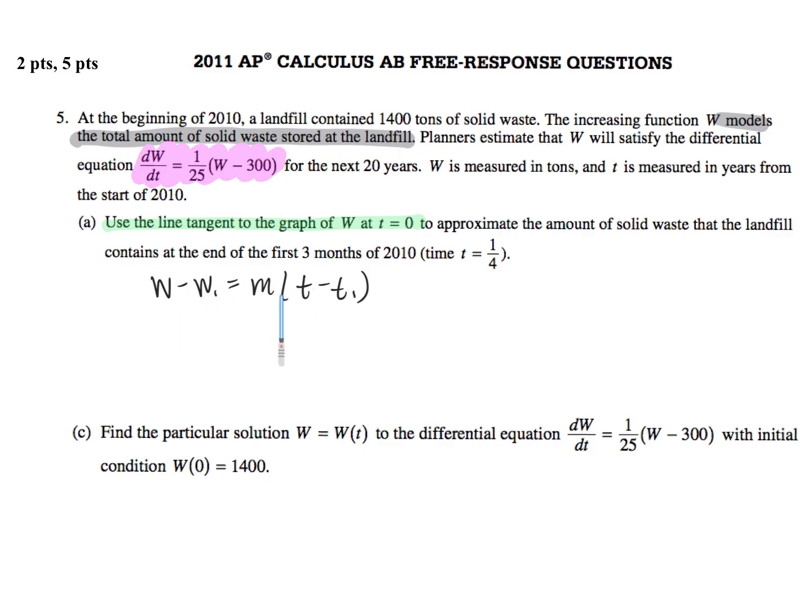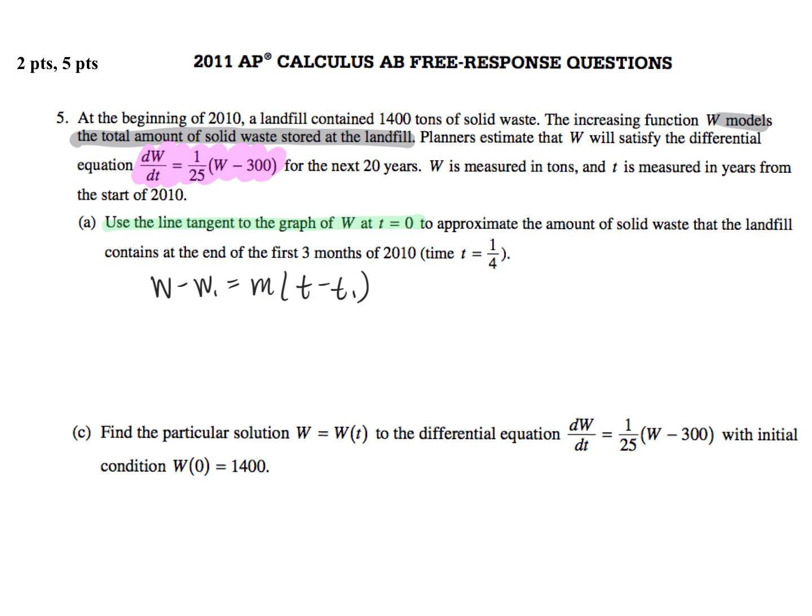When t is 0, which is measured in years from 2010, what would my w be in 2010? Wouldn't it be that 1,400?